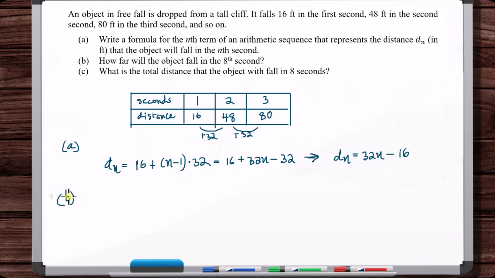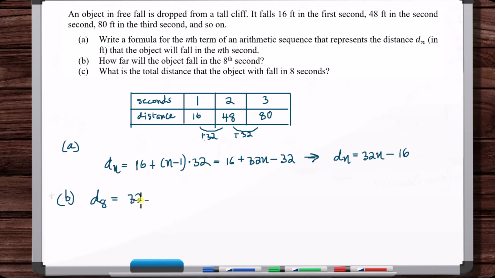Okay, so now it's asking us in the 8th second, how far will the object fall in that 8th second? So assuming this pattern holds all the way to 8 seconds, which I don't think it would, because at some point you reach terminal velocity, right? At some point, this is just practice for arithmetic sequences. But okay, so in the 8th second, what they're asking is, what is d sub 8?